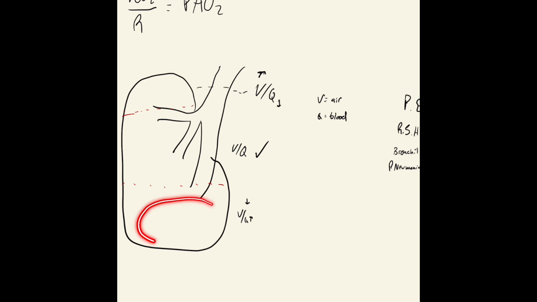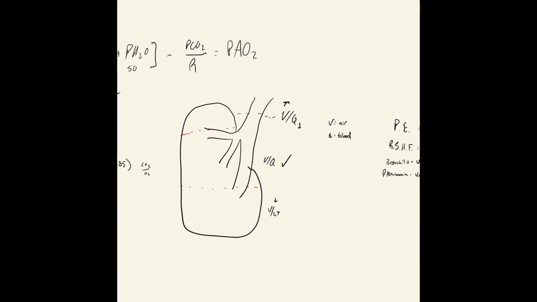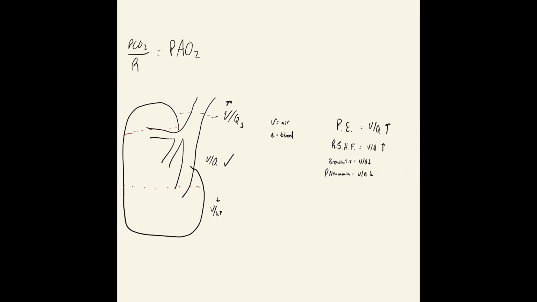When we move into the inferior lobe of this lung, there's less air and more blood, so that's got a thrown off VQ ratio. And this superior portion of the lung has a higher air to lower blood volume, so it's got another different VQ ratio.